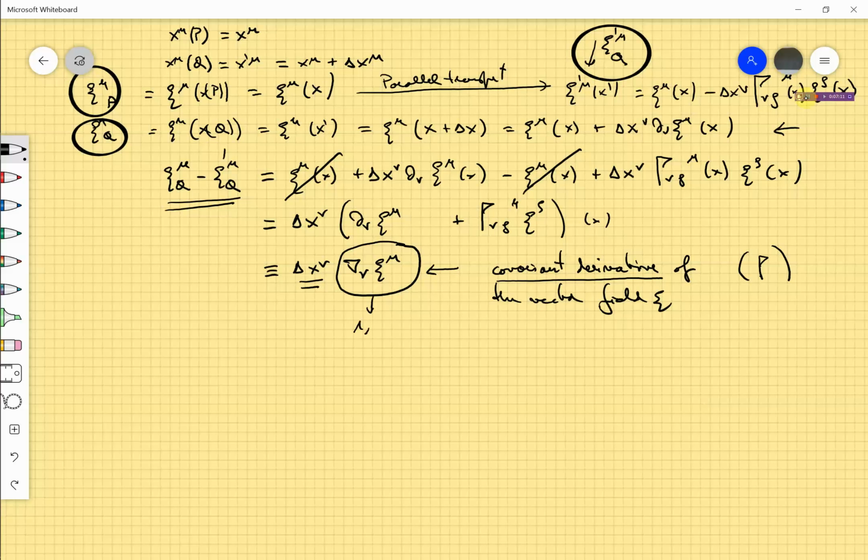This is one time contravariant and one time covariant. The name covariant derivative makes you think that this is the only covariant derivative that one can define. This is wrong. There are other derivatives that one can define which are also covariant in the sense that they transform tensors into other tensors.